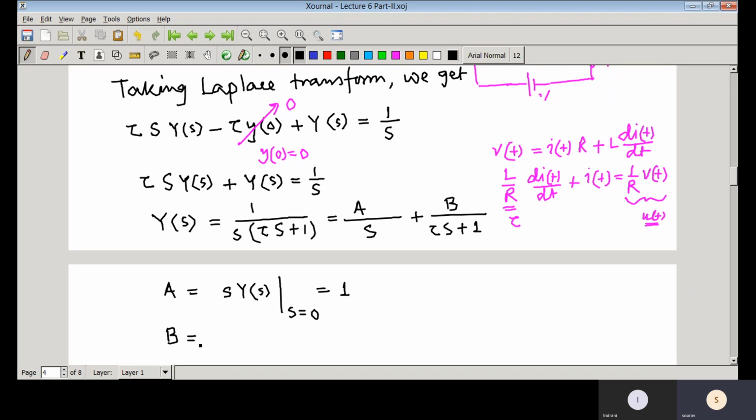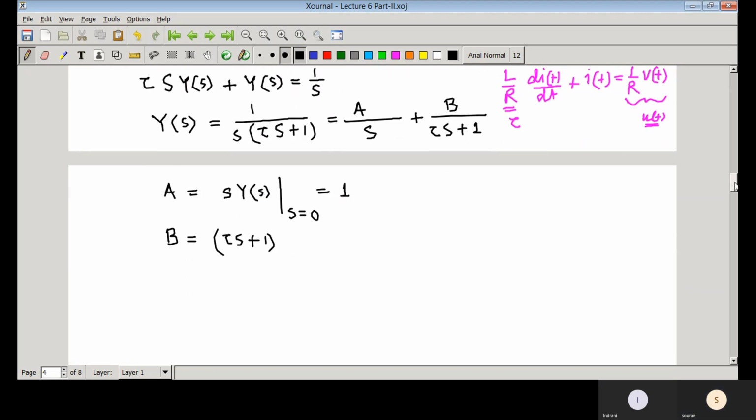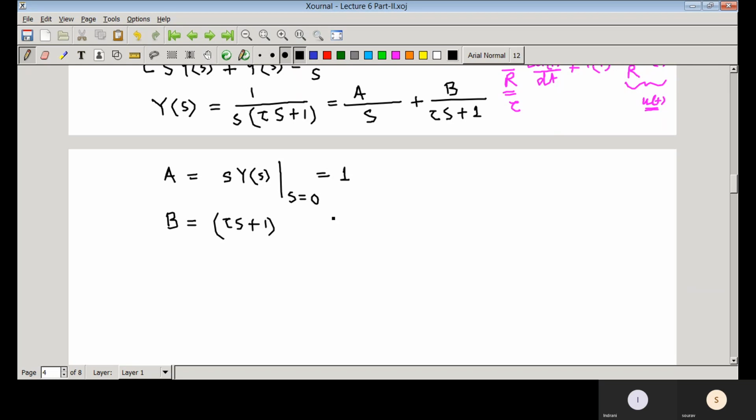Now b equals (tau s plus 1) Y(s), and you find it at s equal to minus 1 by tau, because from here you can see that its pole would be s equal to minus 1 by tau, and you will get the value minus tau.